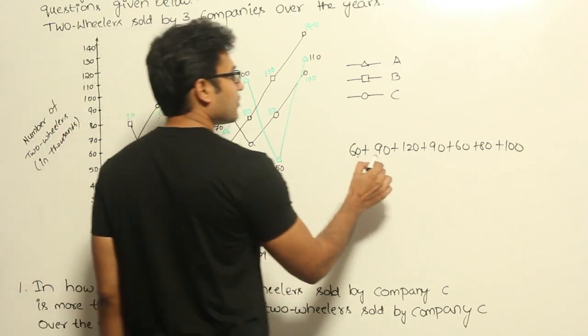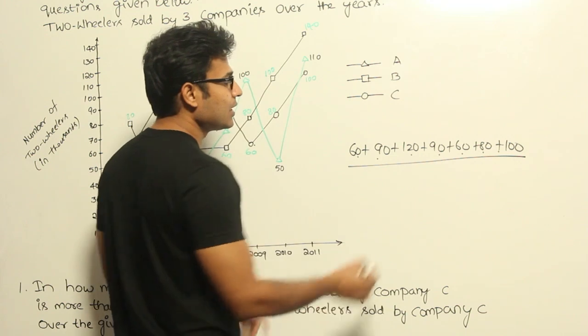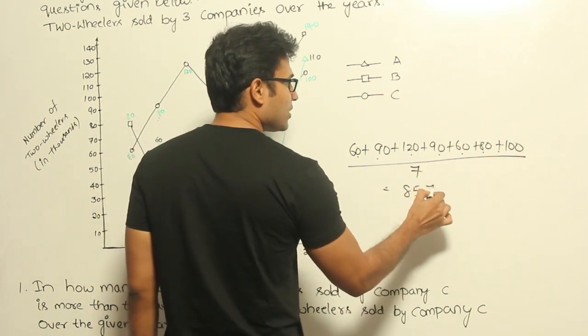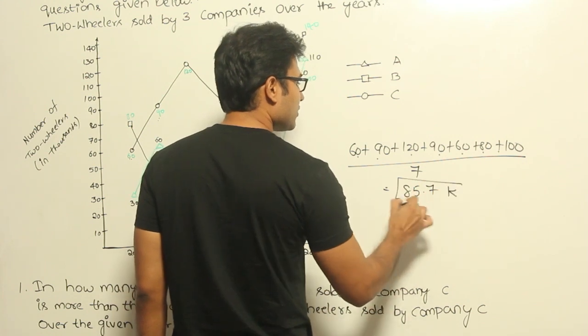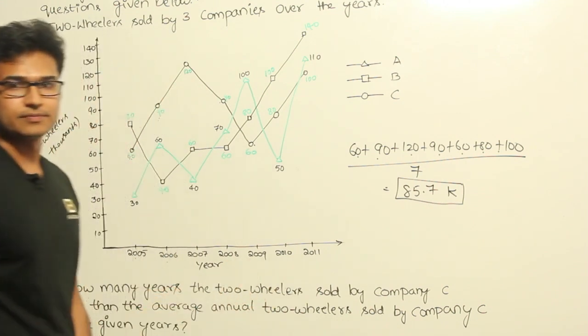Now how many values are there? 1, 2, 3, 4, 5, 6, 7. Therefore over 7 years it is given. So on average you are going to get 85.7 thousand bikes sold, right?